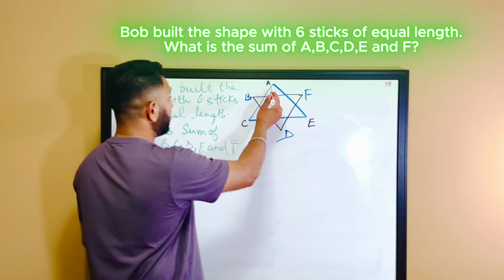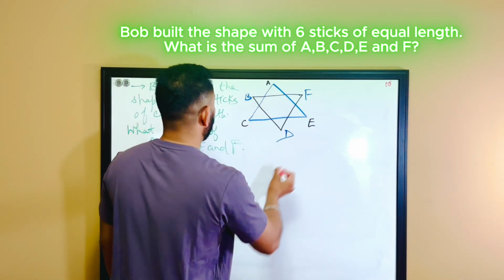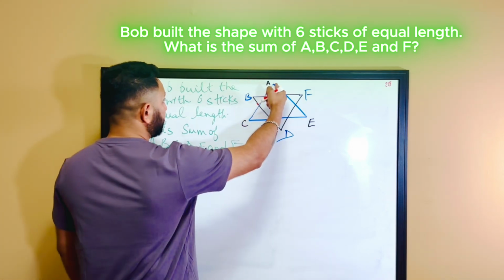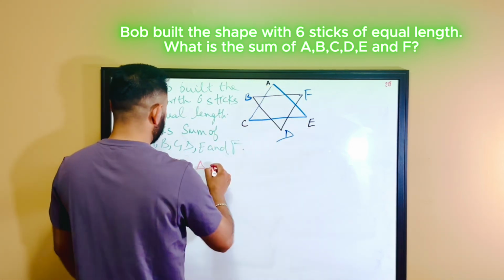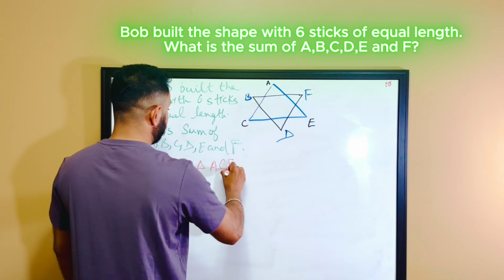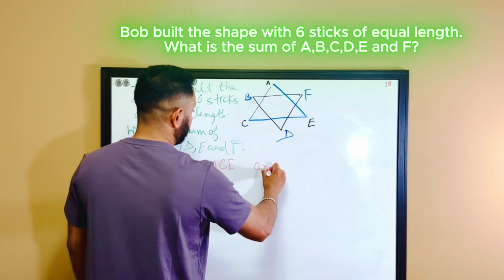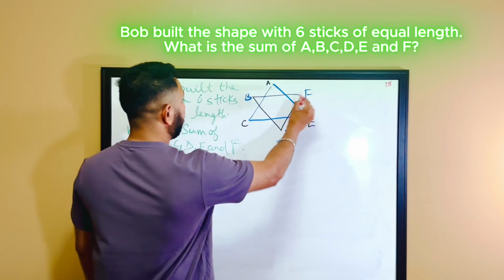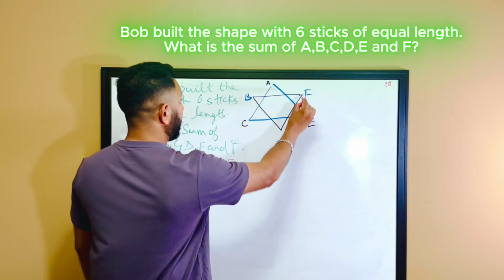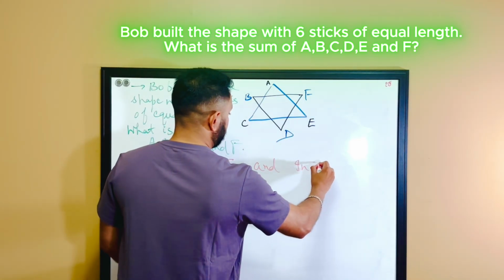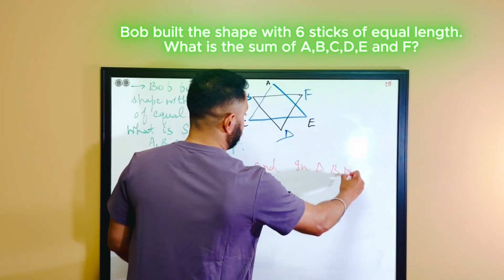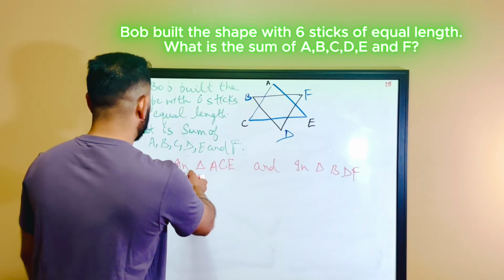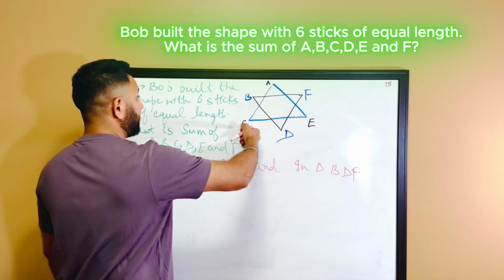In the figure it is given that there are two triangles: triangle ACE, and the second triangle is BDF.